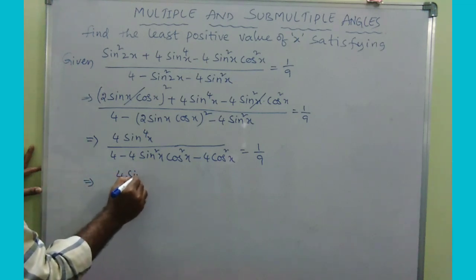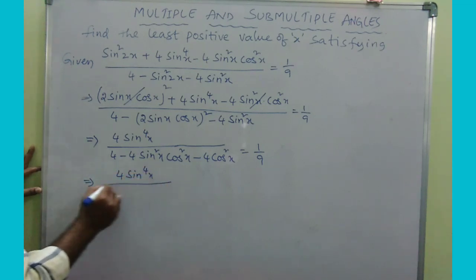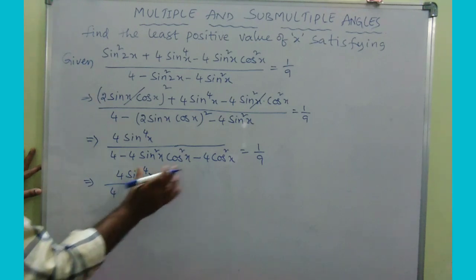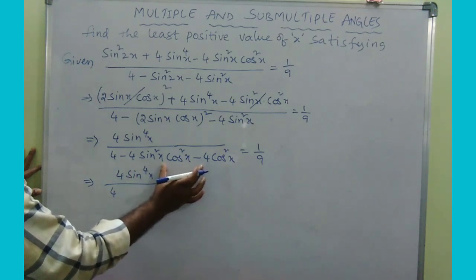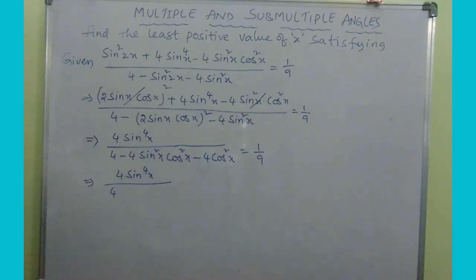So this further we can simplify, especially from these two, if we take 4 cos square x common.